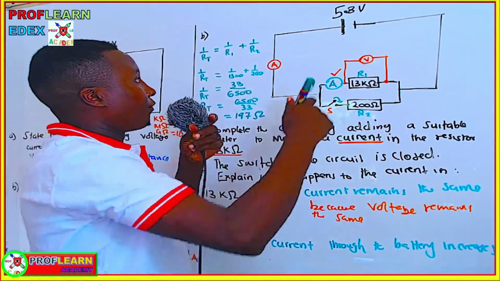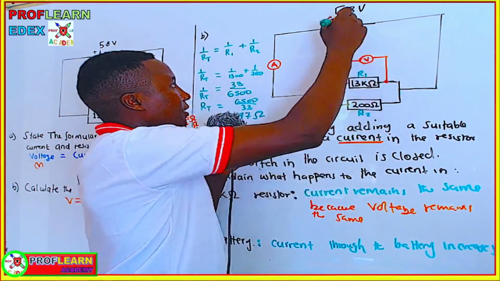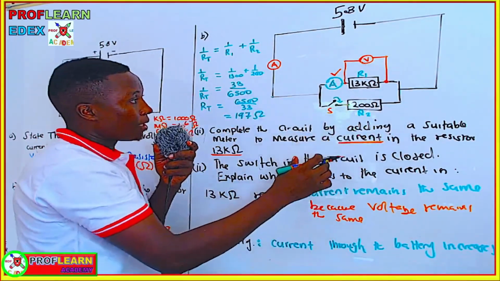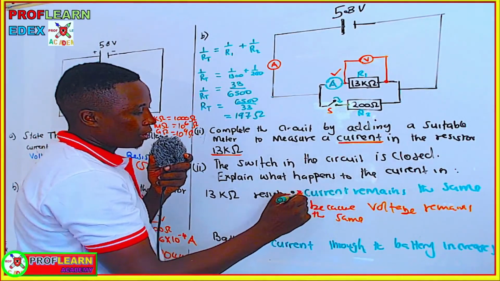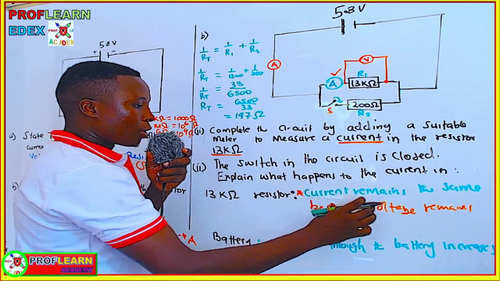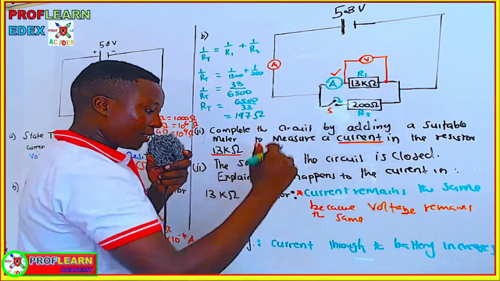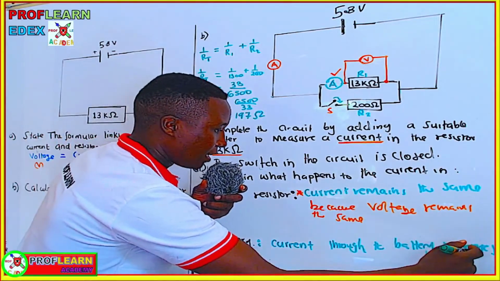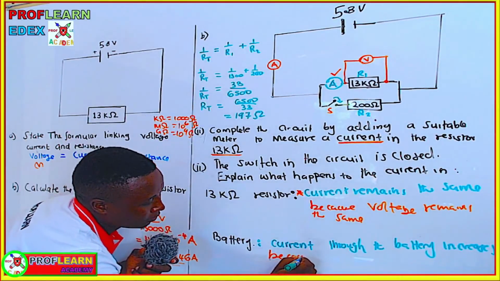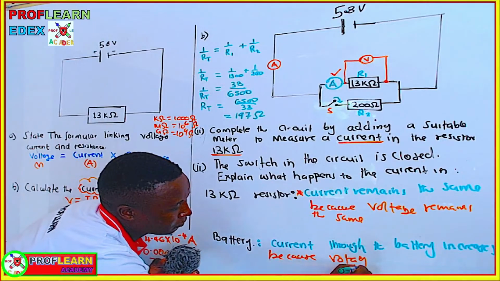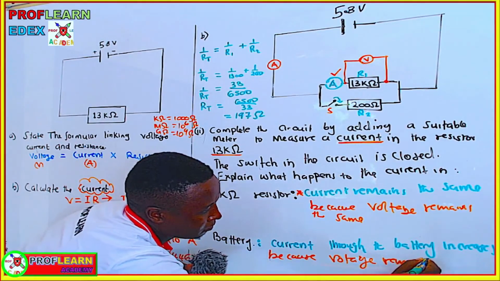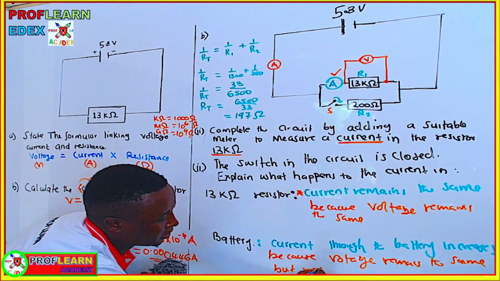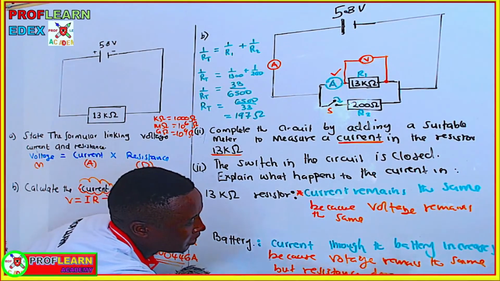Remember here, the voltage across this resistor is 5.8. The voltage across this resistor is also 5.8. So the current in this part is going to remain the same because the voltage and the resistance remain the same. So here we are going to say the current through the battery increases because voltage remains the same, but resistance decreases.